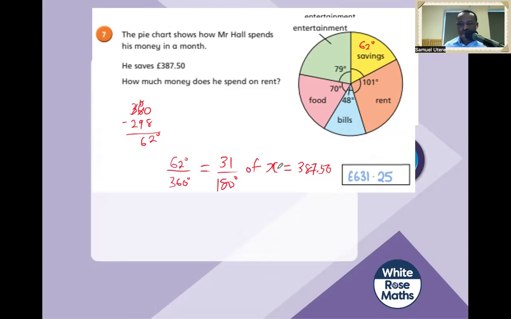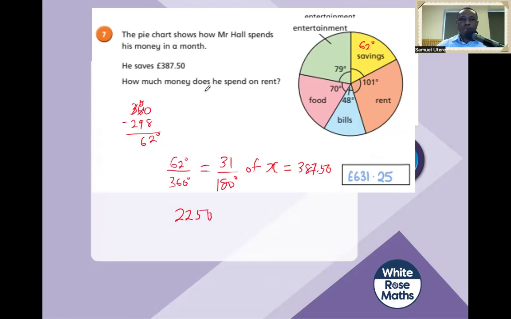So we'll multiply 387.5 by 180, and we divide by 31. That gives us the total amount, so the whole money that is available is 2,250.